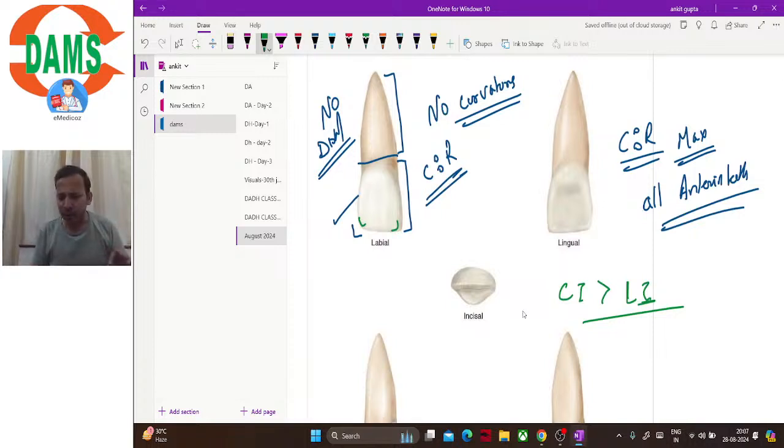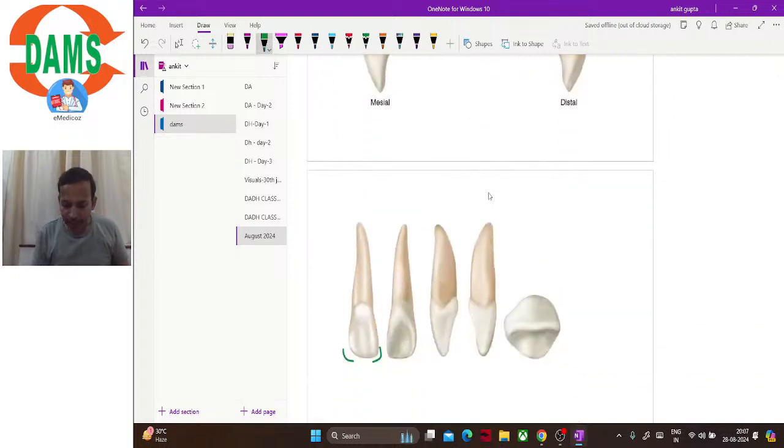Also, another thing that you would notice here is this lingual fossa, right? This lingual fossa, though it appears wider and though the cingulum is larger in comparison to the lateral incisor, you can see here that the cingulum is small and the lingual fossa is also small. Yet, which of the two do you think is more prominent? Now, when we are talking about prominence, it is not about the size, right?